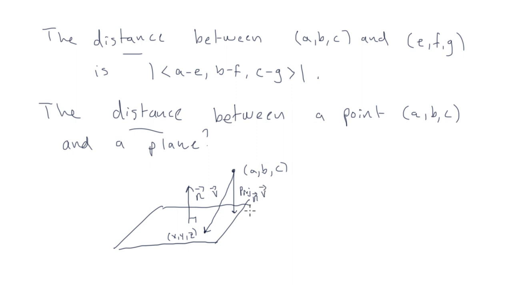And that will give me the vector of the shortest length, because it'll be this vector that is perpendicular to the plane. So it's like a straight line between the point and the plane. So I want to use the projection vector. There's also the question about the distance between two lines.